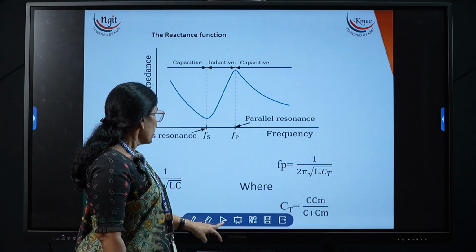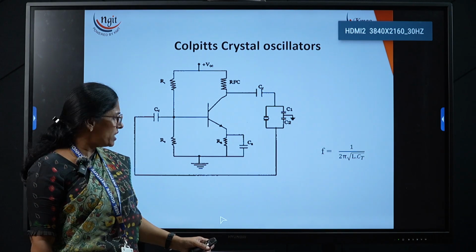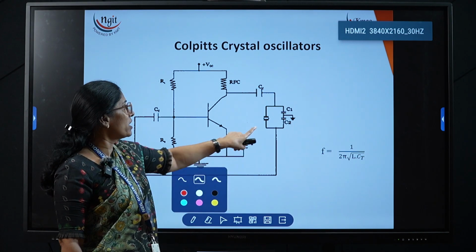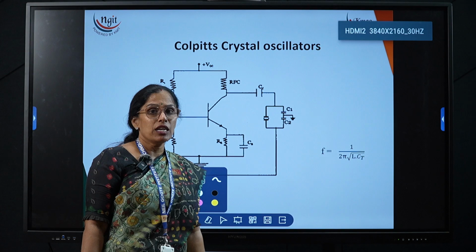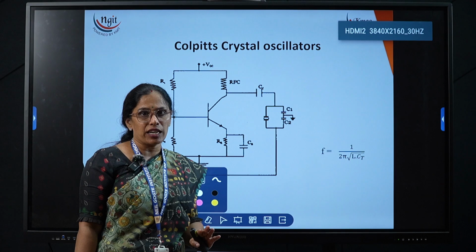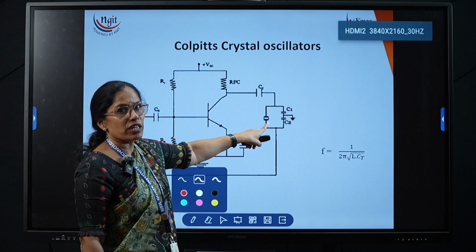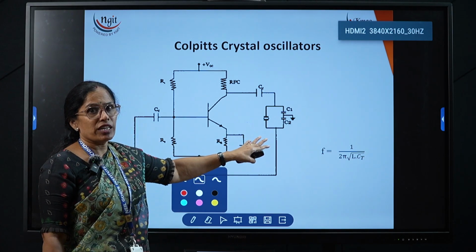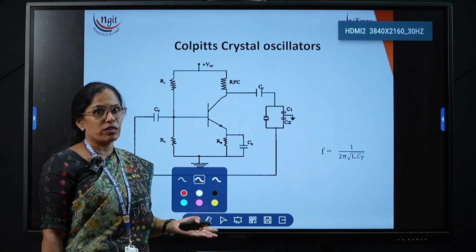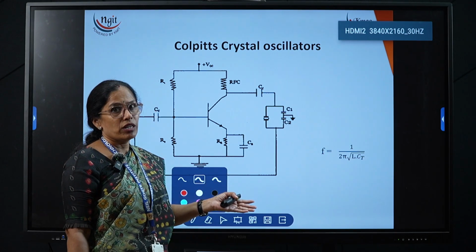Now this is the Colpitts crystal oscillator. It is a Colpitts oscillator only, but here we are replacing the inductor with the crystal. We have studied that if the frequency of the crystal is between Fs and Fp, then the crystal acts like an inductor. So we can replace the inductor with the crystal. If we use an inductor, there may be aging effects, or the values may vary depending upon the temperature, and we don't get a constant output frequency.